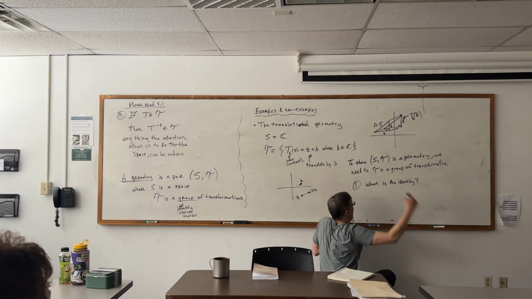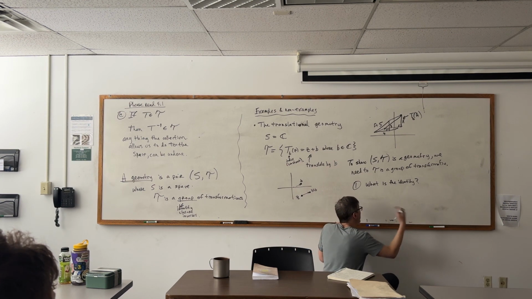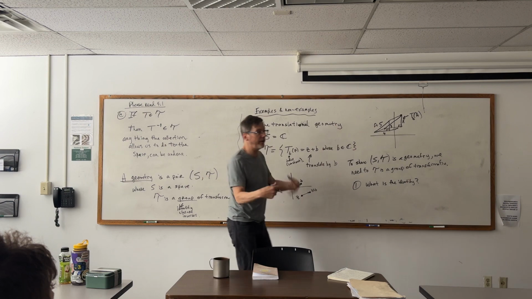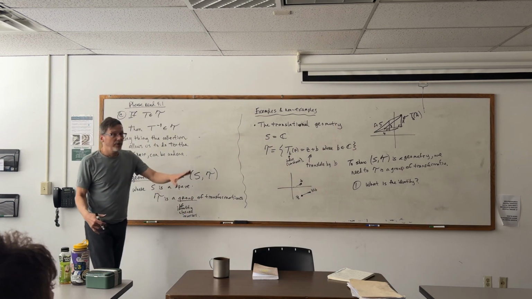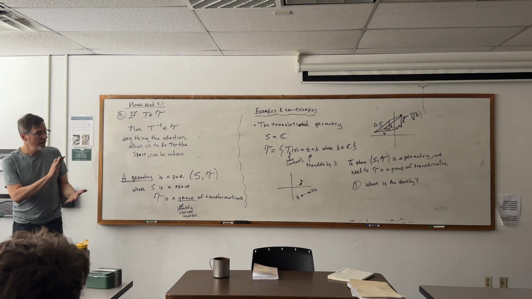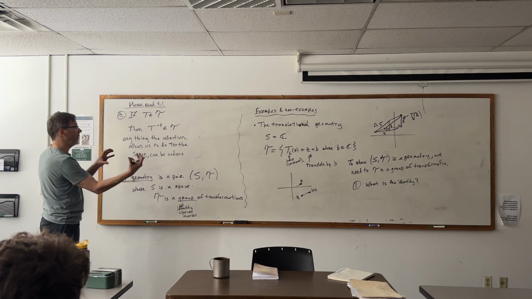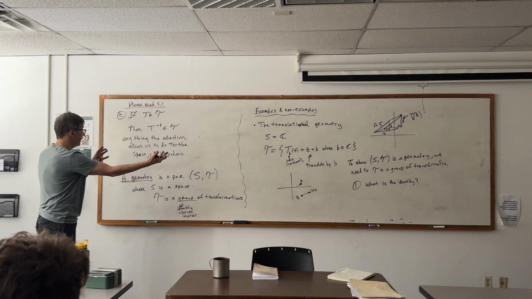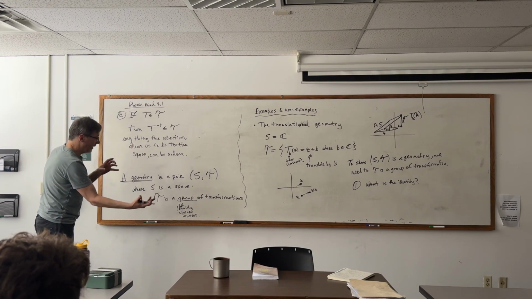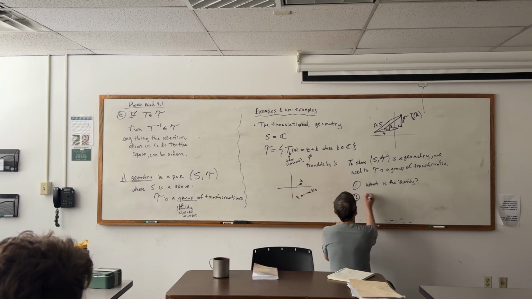Then, how do I know this is closed under composition? And then what is the inverse of a particular T sub B? So step one is, what's the identity? Step two is show that two transformations from here composed in sequence give you something from here. And then find the inverse for any arbitrary T sub B. So I'll put these questions up here.